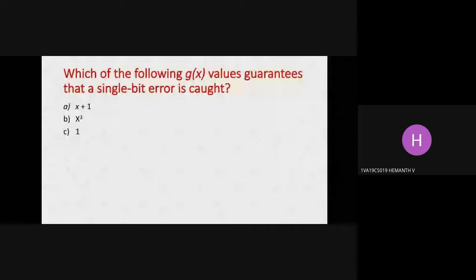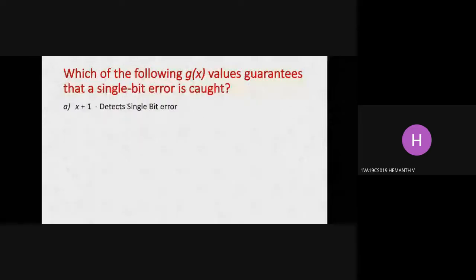Out of these three, if you use a, will it detect a single bit error? Or b, x power of 3, will it detect a single bit error? Or if you use 1 as a generator, will it detect a single bit error? Let's see.